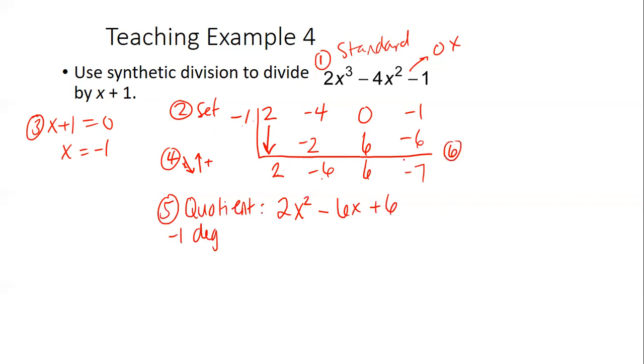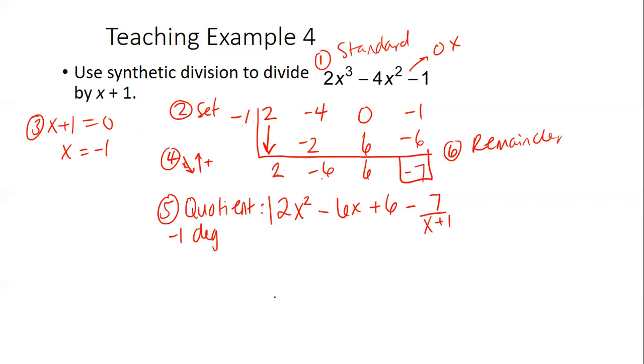Step 6 is your remainder. And what is our remainder? -7. So when you add your remainder, it's -7 over your divisor, and our divisor was x plus 1. And here's your full solution.